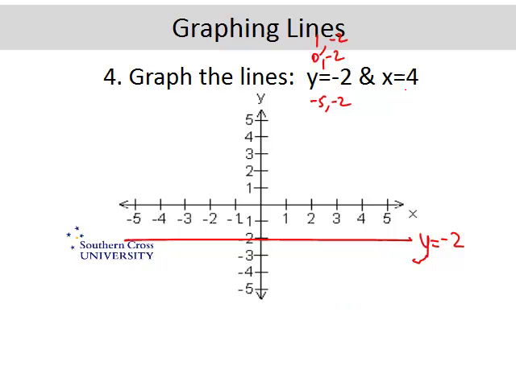So when we go to the next one, x equals 4, that's telling us that the x coordinate is always 4. So it could be (4, 0), (4, 16), (4, -4), (4, -100), whatever. All we know is that the x coordinate is always 4.